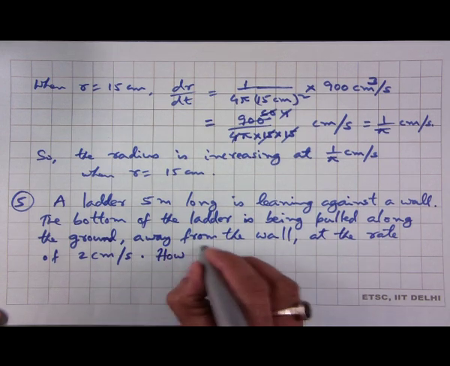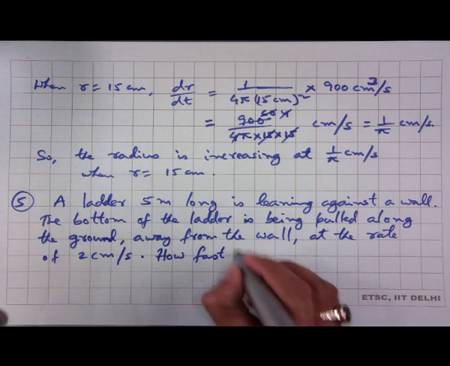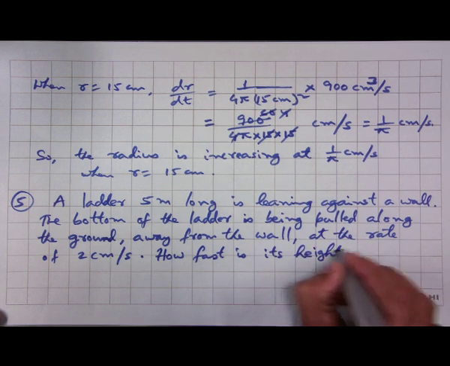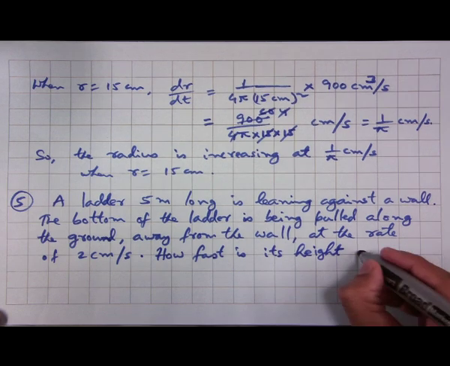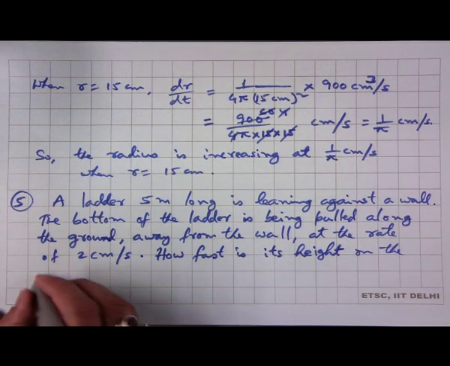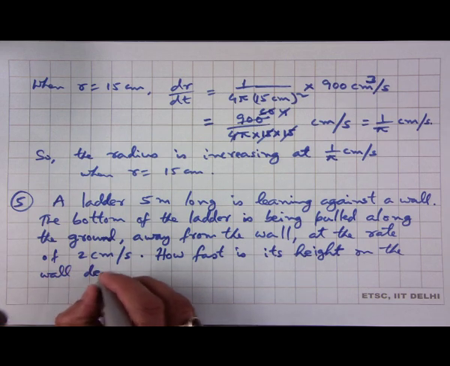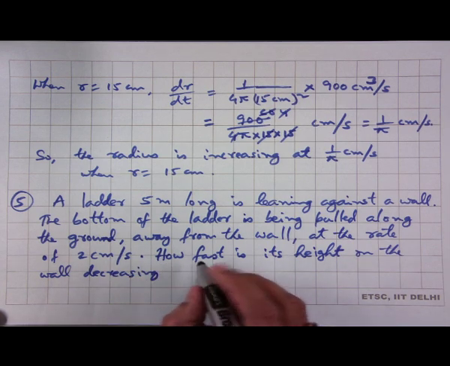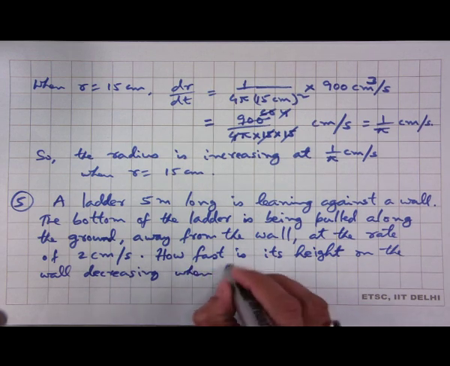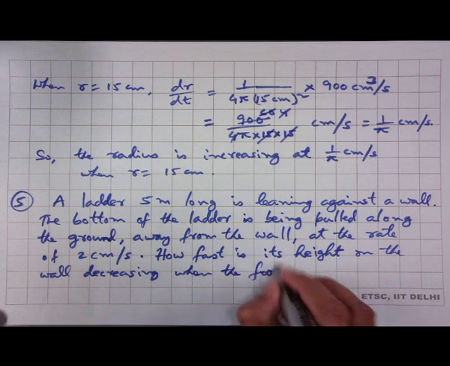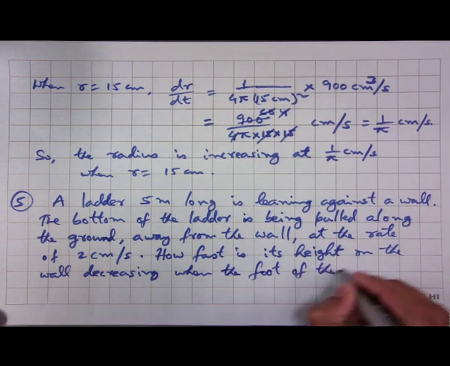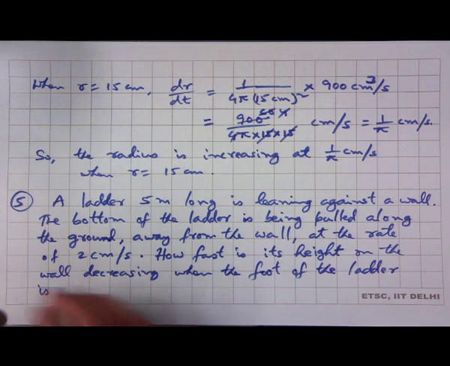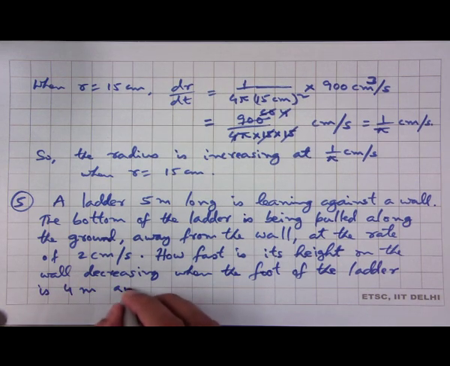So, the question is how fast is its height on the wall decreasing when the foot of the ladder is 4 meters away from the wall.